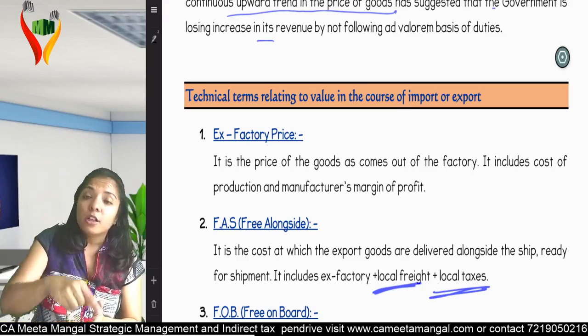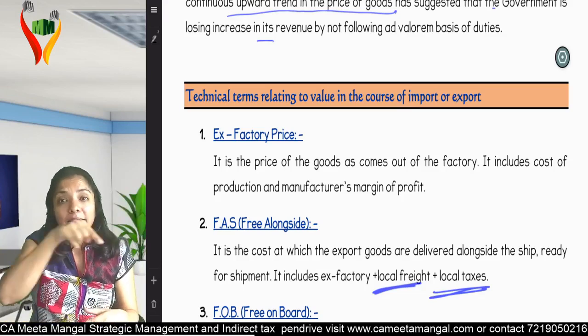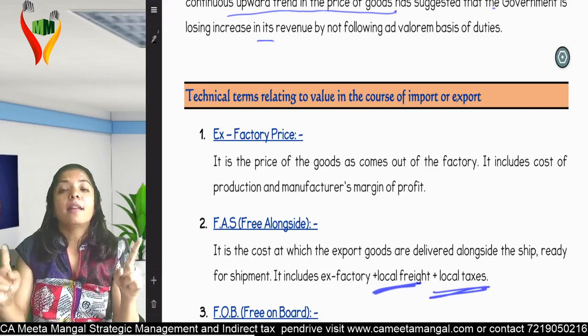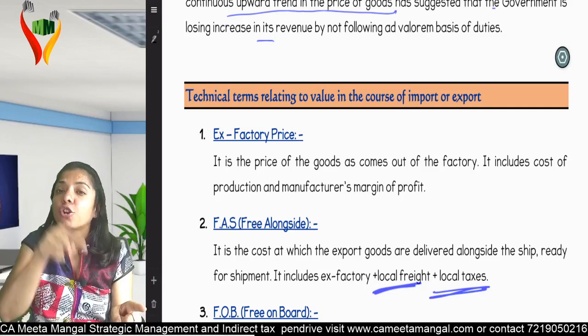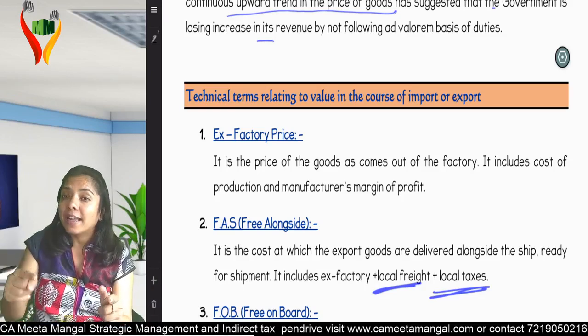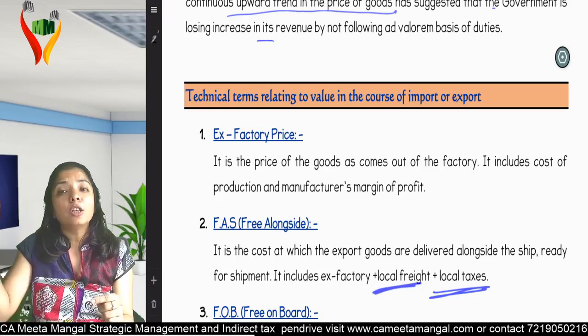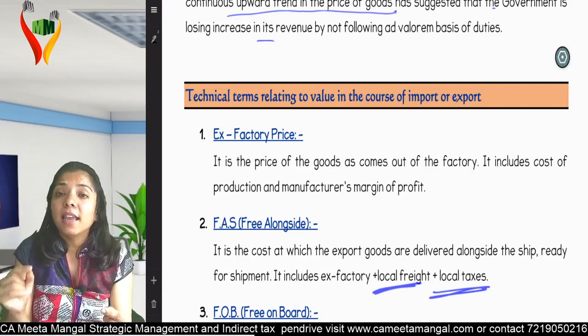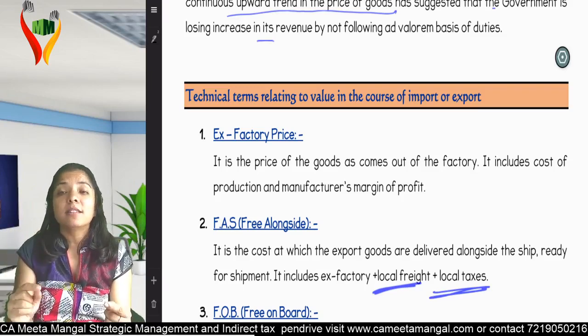Now from there the goods will come to the India port, so they need to pay for transportation from the US port to the India port, and along with transportation you'll have to pay insurance. That means I will add insurance cost and transportation cost to my FOB value, which will give me my CIF value. What is CIF?